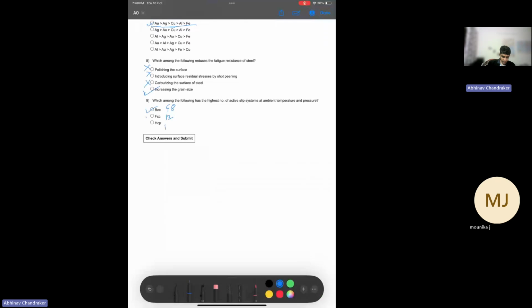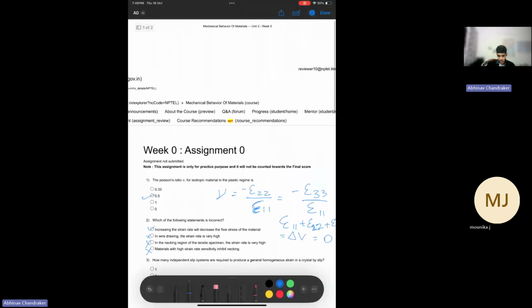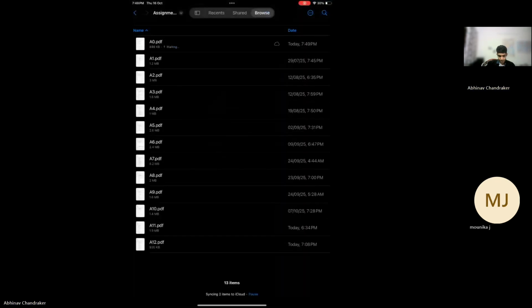HCP is, I think, 18. Among these, FCC has the most efficient slip systems, which is why it is most ductile. But BCC has the highest number of active slip systems. So I think we can take BCC. With this, the week 0 assignment is also done.